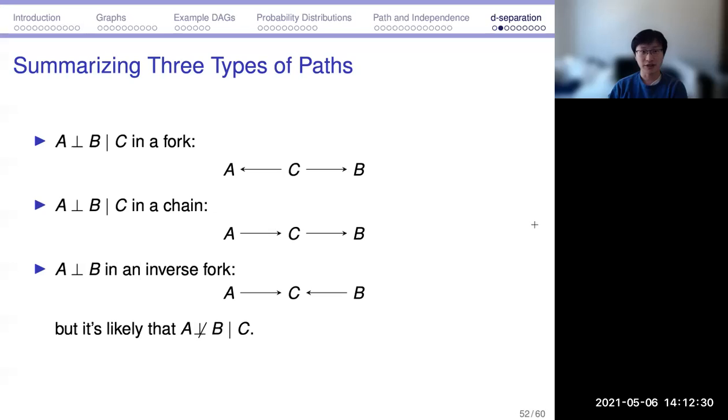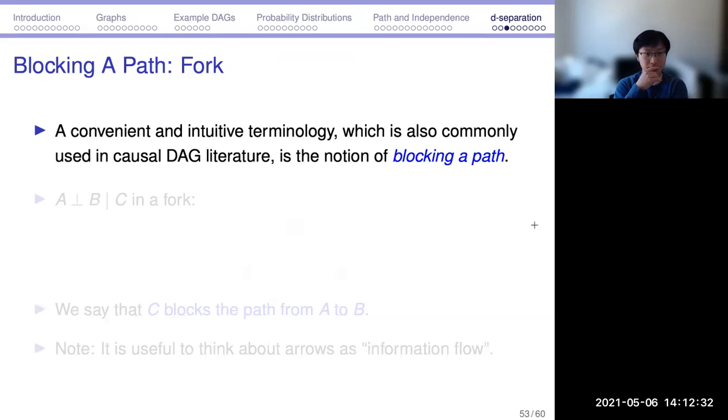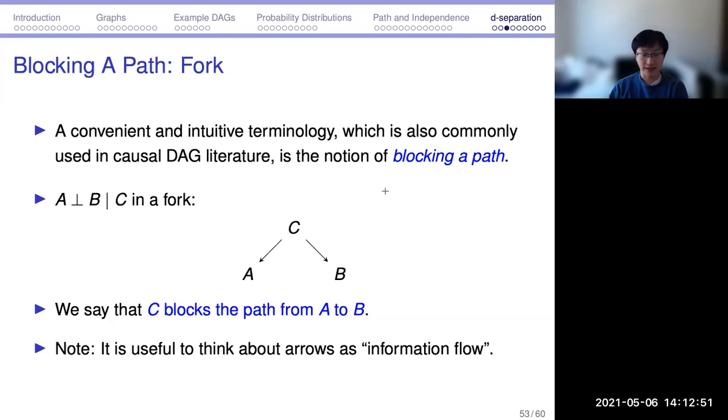Now I'm going to introduce some additional terminology. We're going to see this notion of blocking a path. This is essentially what we've seen before, just a new terminology that people often use. So this is an example.